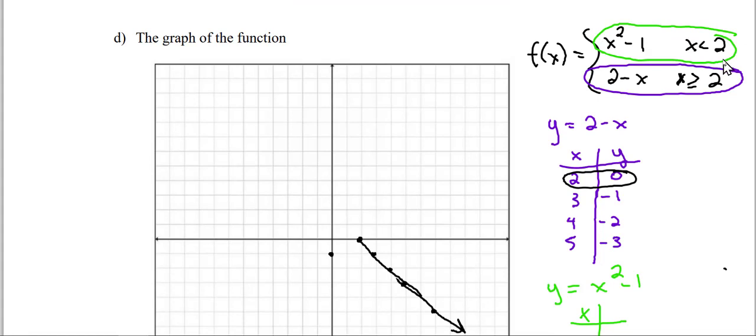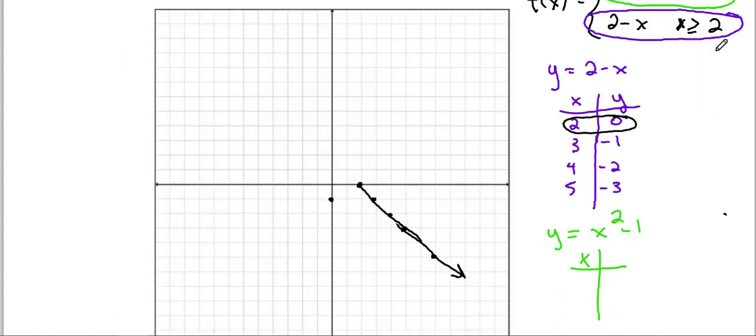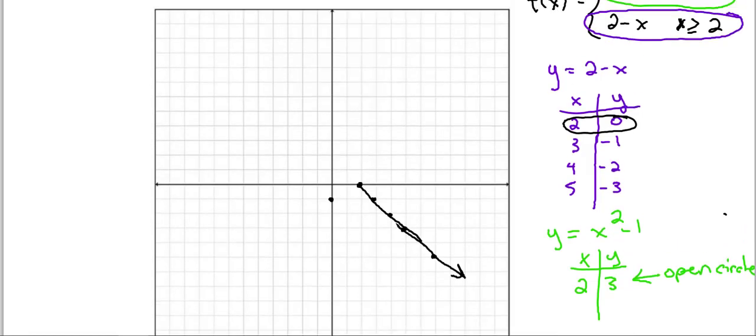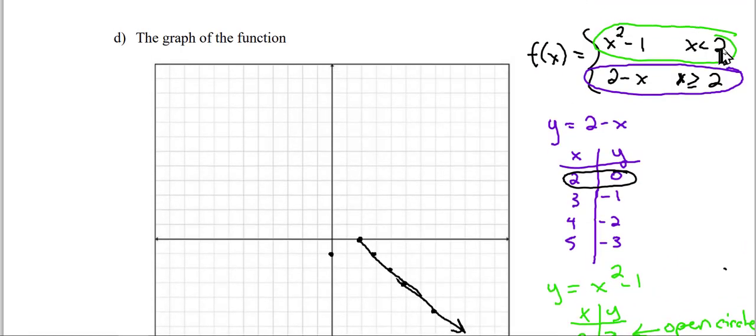But the problem that I'm running into is I want to know what's happening at like 1.999, right? So I'm actually going to plug 2 into this. That will give me a y value of 3. Let's make a note here. This has to be an open circle, because I don't actually want to know what's happening.